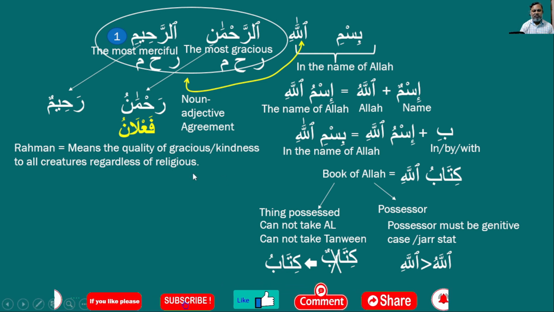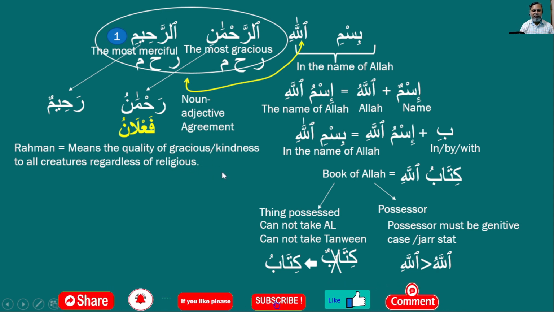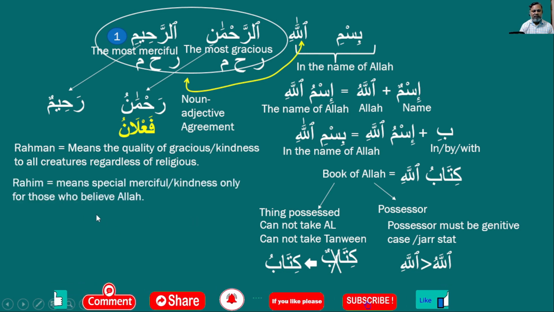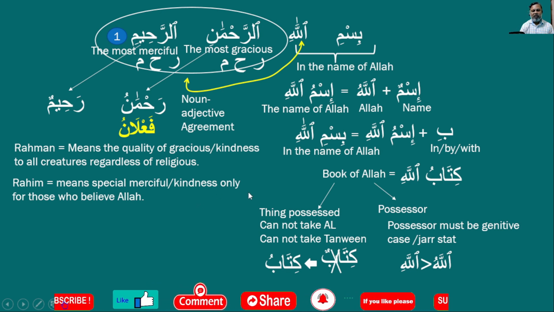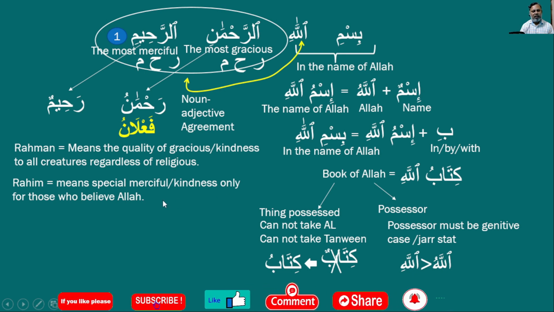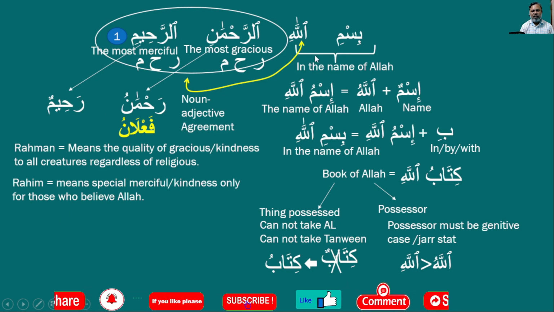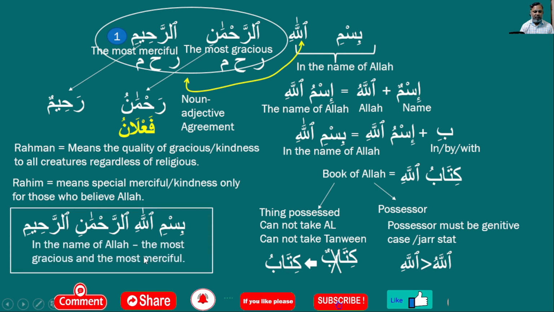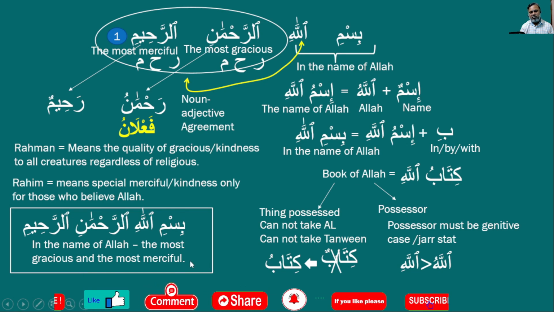Allah is giving this mercy and kindness to everybody. And Rahim means a special mercy, the special kindness of Allah that is reserved only for the people who believe in Allah. These are the two quality adjectives of Allah. So Bismillahir Rahmanir Rahim means in the name of Allah, the most gracious and the most merciful.